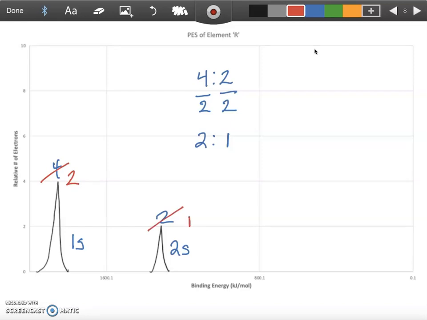Okay, we do have to change this one as well because it's a ratio between the two peaks. So this electron configuration is 1s2, 2s1, and let's ask ourselves what element on the periodic table gives us an electron configuration of 1s2, 2s1.